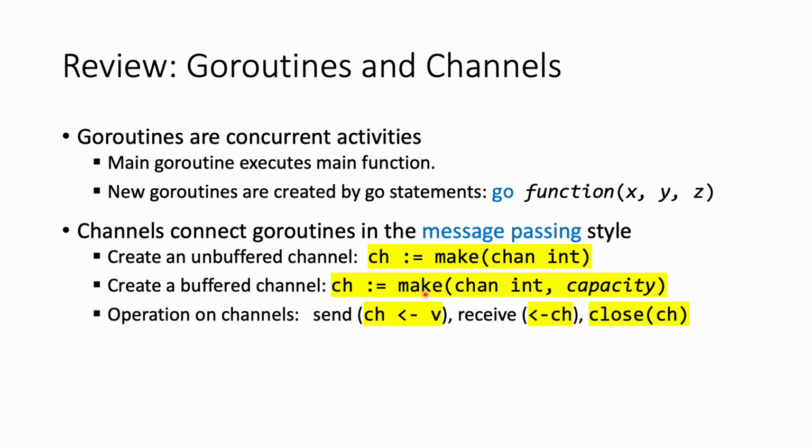Fundamental operations on channels include send to a channel and receive from a channel. Another operation is to close the channel by calling the function close, passing the channel as the argument.